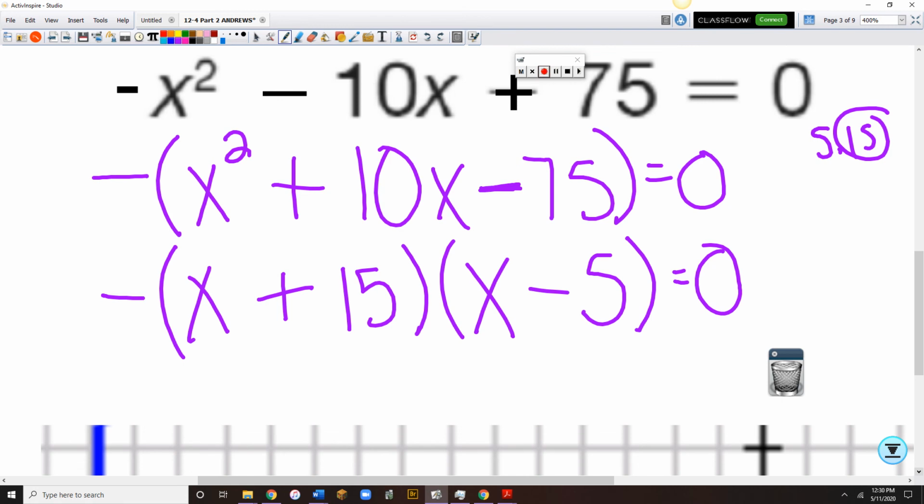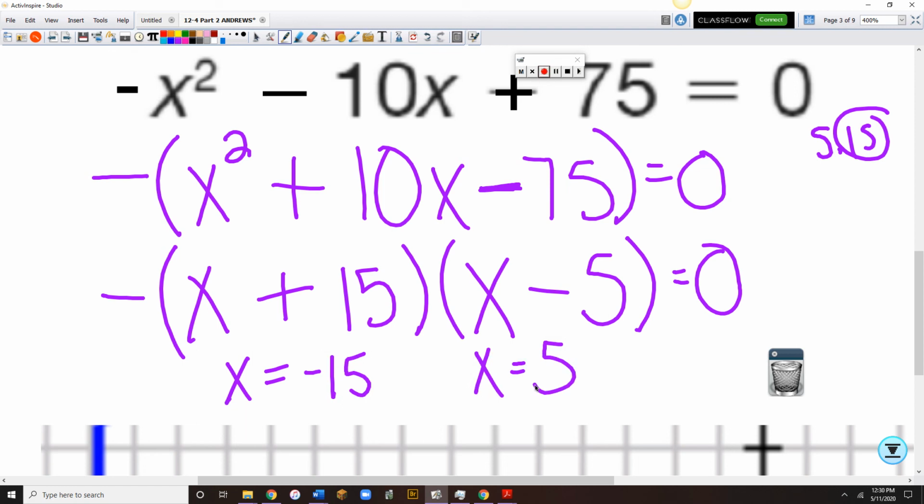And for solutions, x is going to be negative 15. And x is going to be 5.